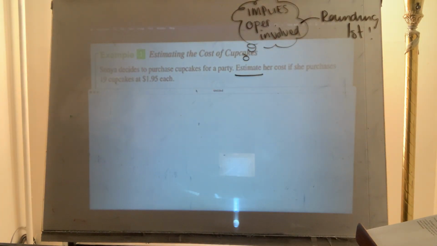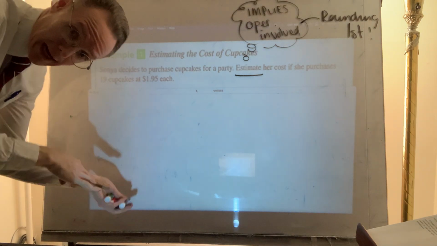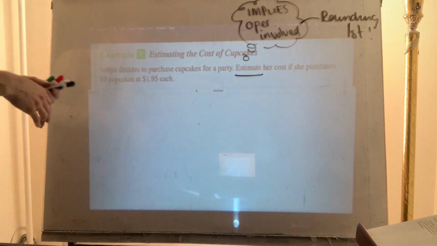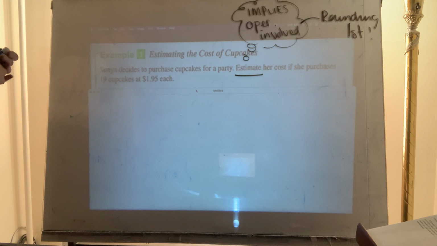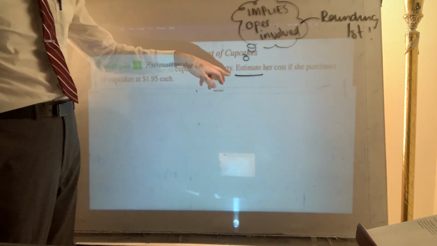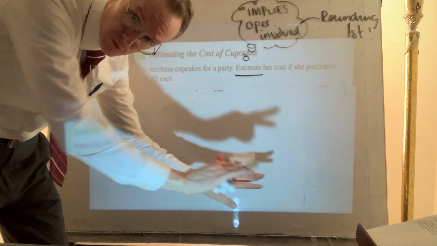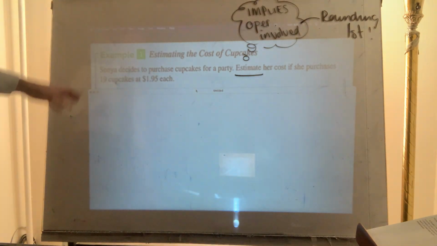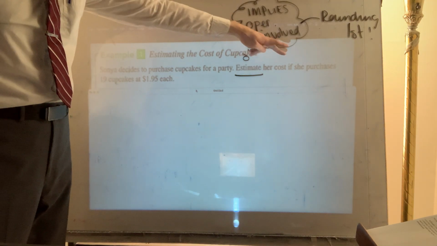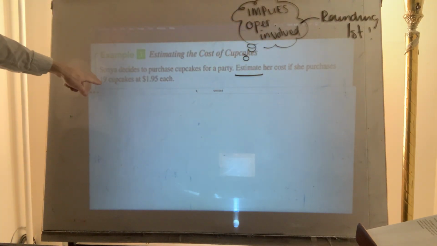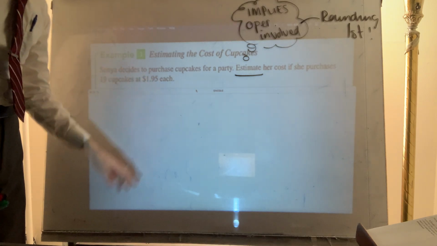Now, it doesn't explicitly say which operation, namely whether you add, subtract, multiply, or divide. They kind of take it for granted, which is not good as a teacher to do. But they do. They take it for granted that you know what would be the most efficient course of action in this case.